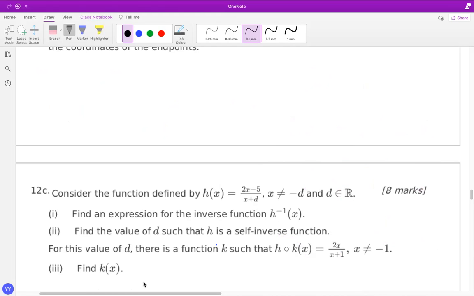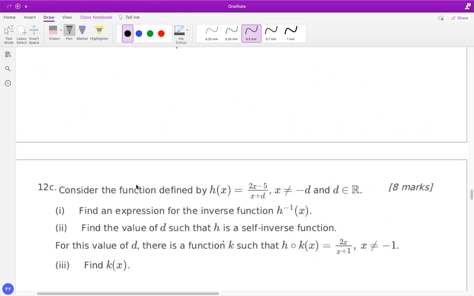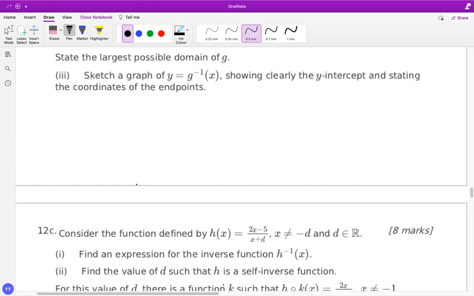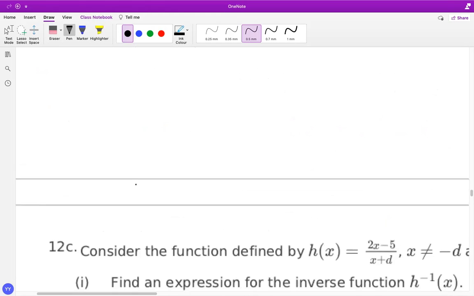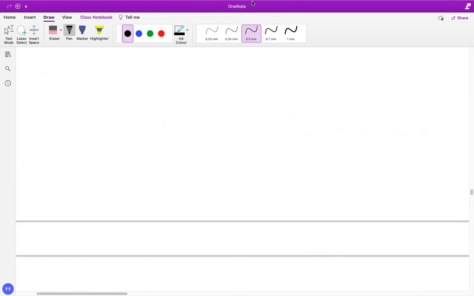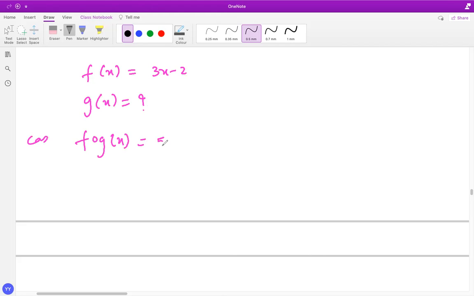Let us say we have been given a composite function, such as f of x is 3x minus 2, and g of x, I don't know, and case number 1 is f of g of x has been given as 5x plus 1 upon 3.